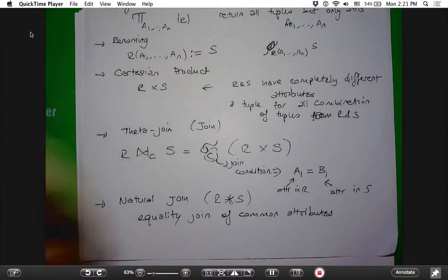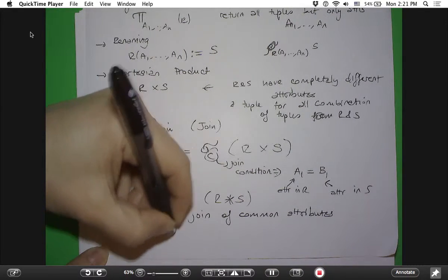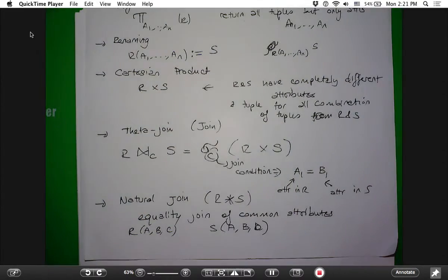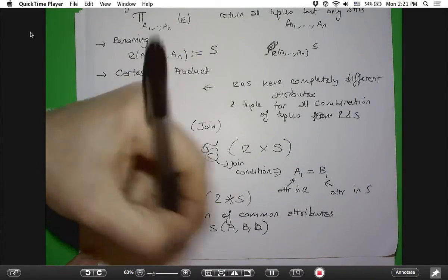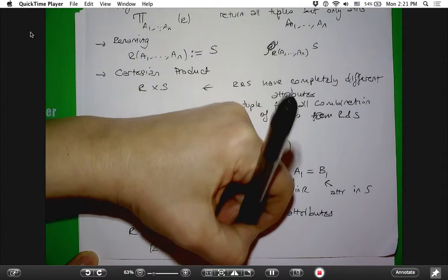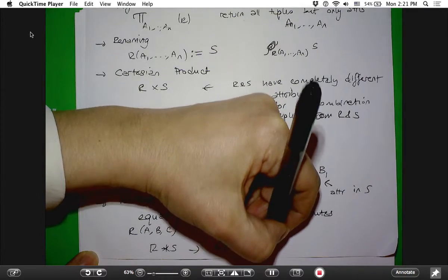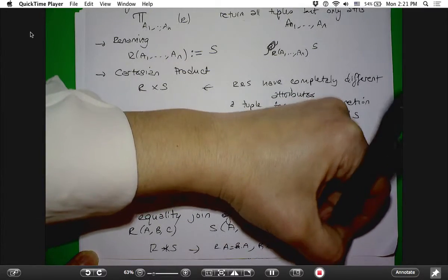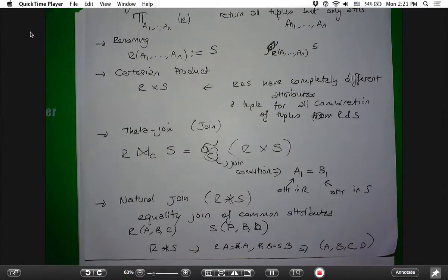For example, if you had R with attributes A, B, and C, and S with A, B, and D, your natural join of R and S will be on the condition that A is equal to A and B is equal to B, and it will give you a new schema with attributes A, B, C, and D, because you don't need to repeat the common attributes. So as many attributes as there are that are the same, it's an equality over all of them, and then you don't repeat that.